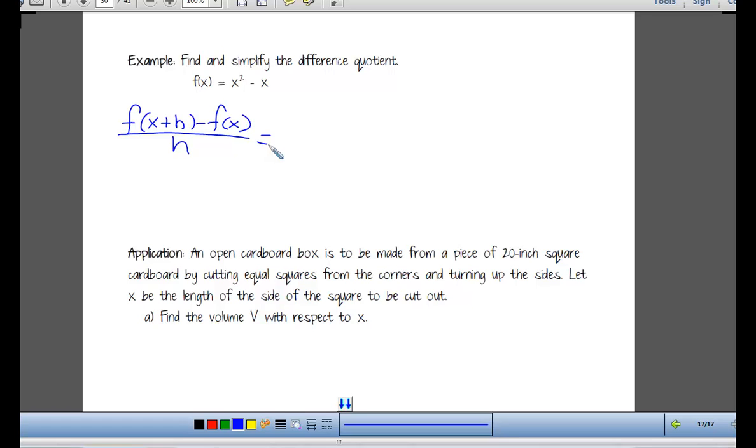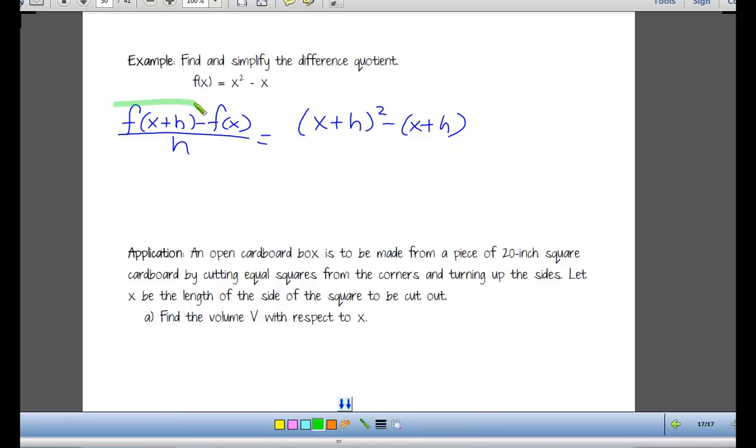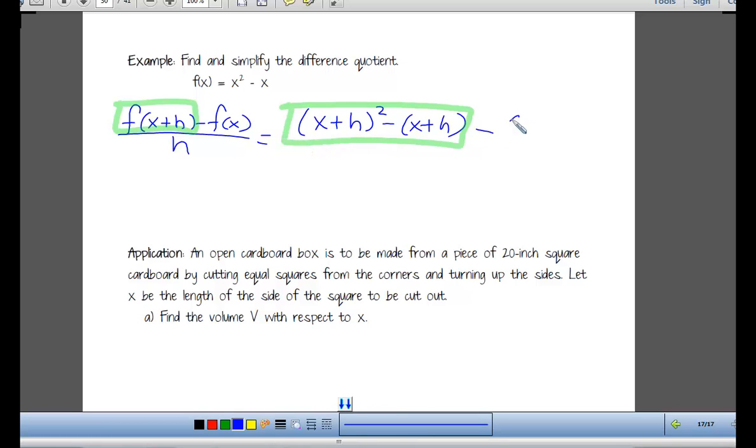Anywhere we see x, we have to plug in x plus h. So we get x plus h squared minus x plus h. All of that is our f of x plus h. Minus, we plug in x into this, so minus x squared minus x all over h.